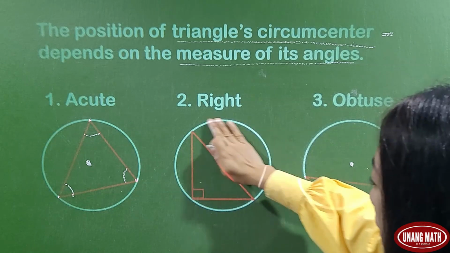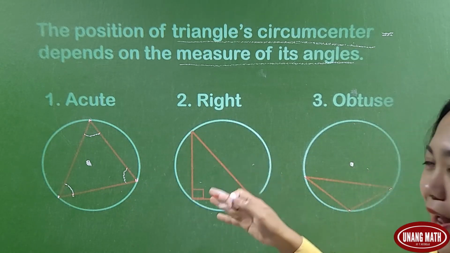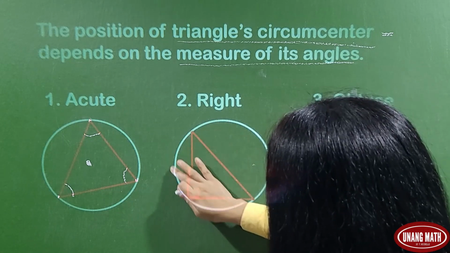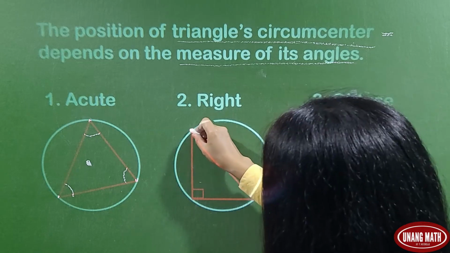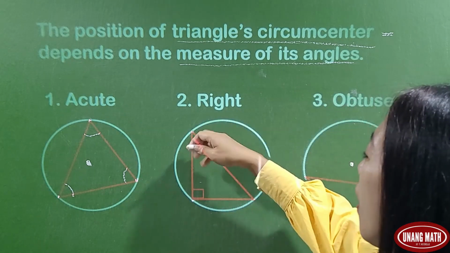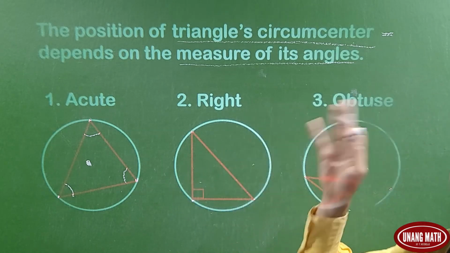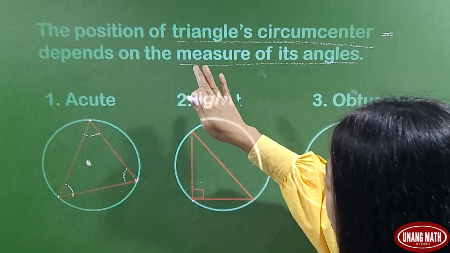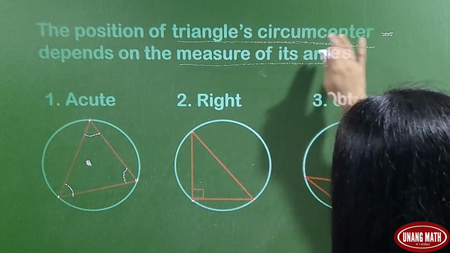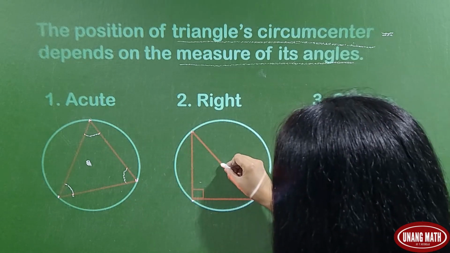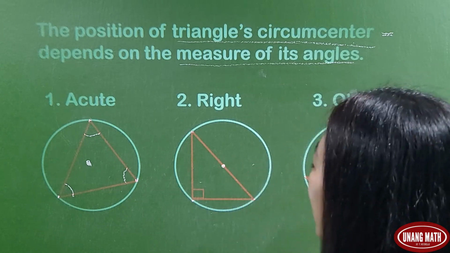Now, let's go to a right triangle. This is a right triangle. This is our circumcircle. It passes through all the vertices of this right triangle. And if we locate the position of this triangle's circumcenter, or the center of this circle, it's around here.